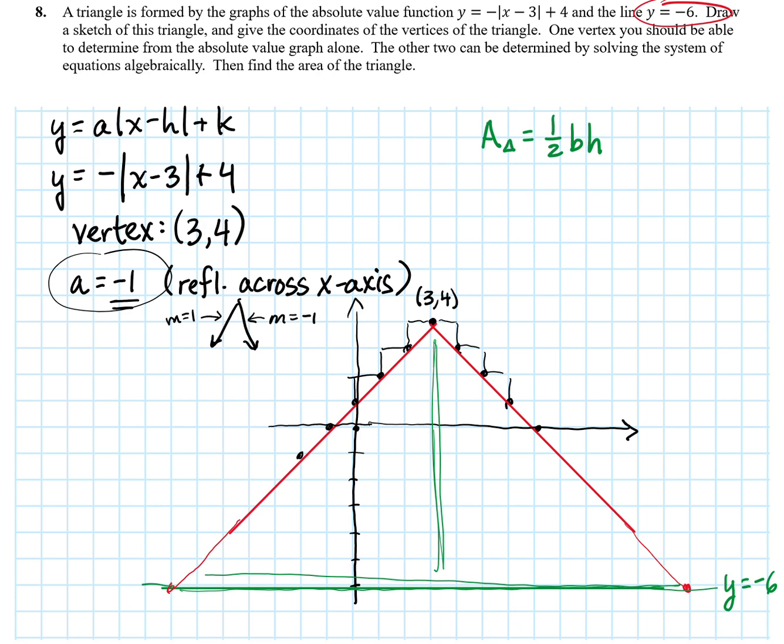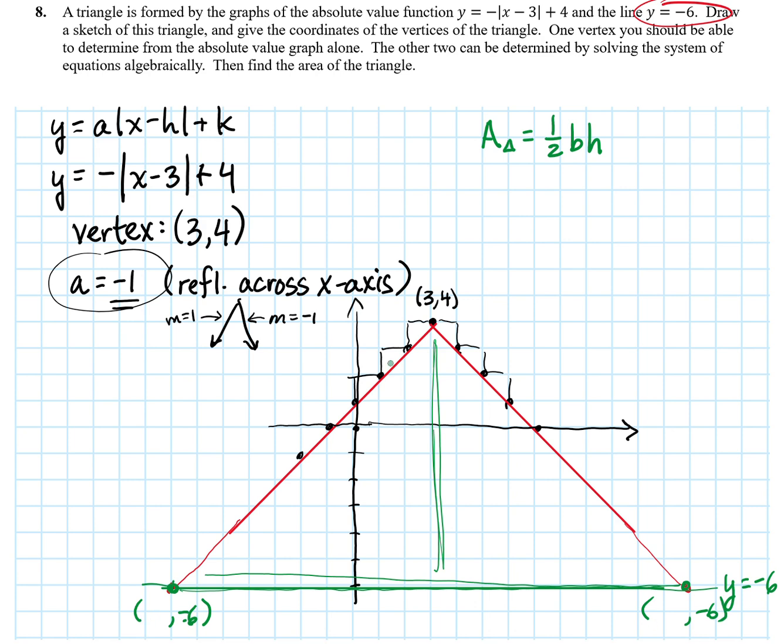So let's see here. We need where these points are, because that's one of the questions. And you can do it by just counting over using the slope of -1 and +1 to figure out where on this graph it is. But if you wanted to do it algebraically, then the one thing you know about these points is y is -6.